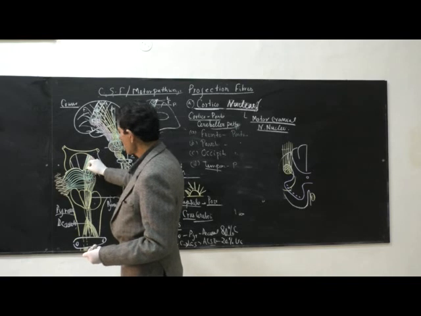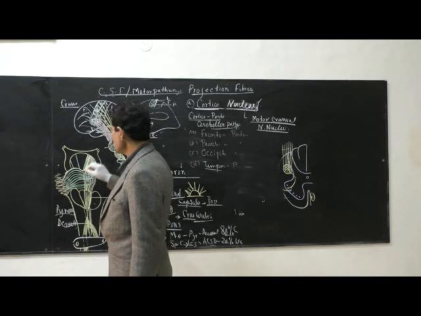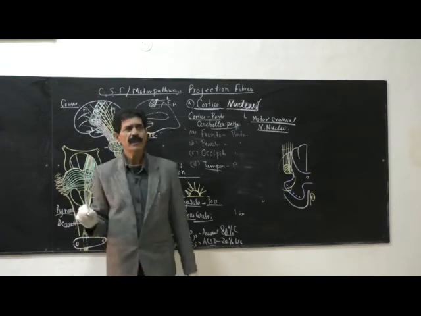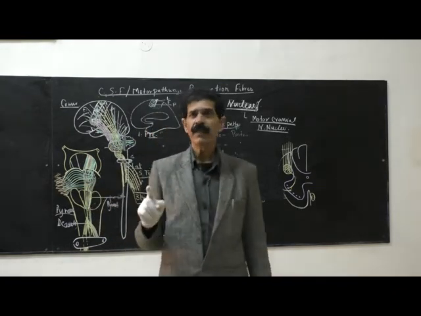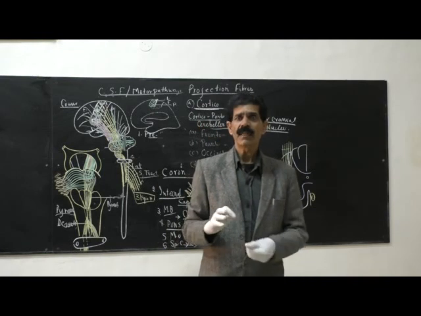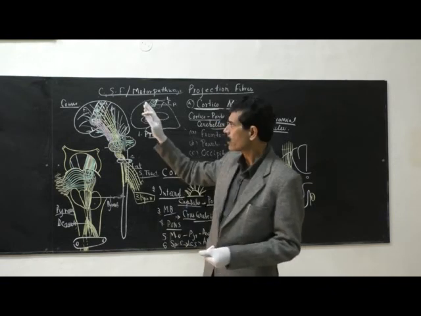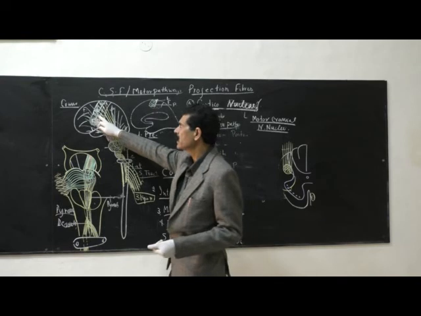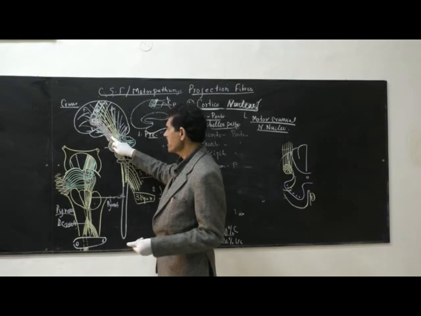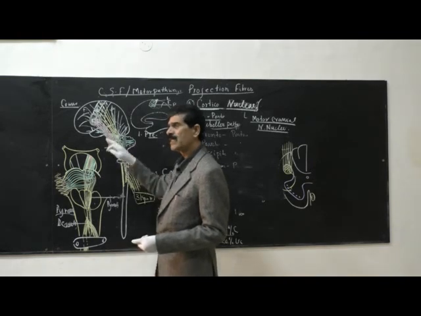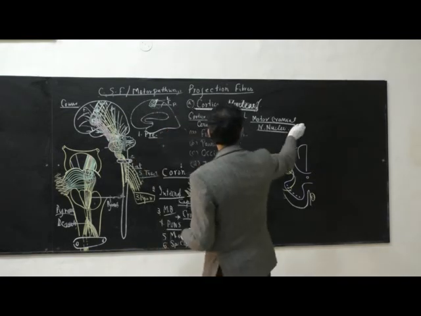They descend through the crus cerebri of the midbrain, and from here they descend to the various nuclei of the cranial nerves which are motor only. As we know, all the cranial nerves are not motor. Some are motor, some are sensory, and some are mixed. So these corticonuclear fibers descend from the precentral gyrus of the head and neck area along with the corona radiata into the crus cerebri of the midbrain, and these fibers will be relayed to the motor cranial nerve nuclei.